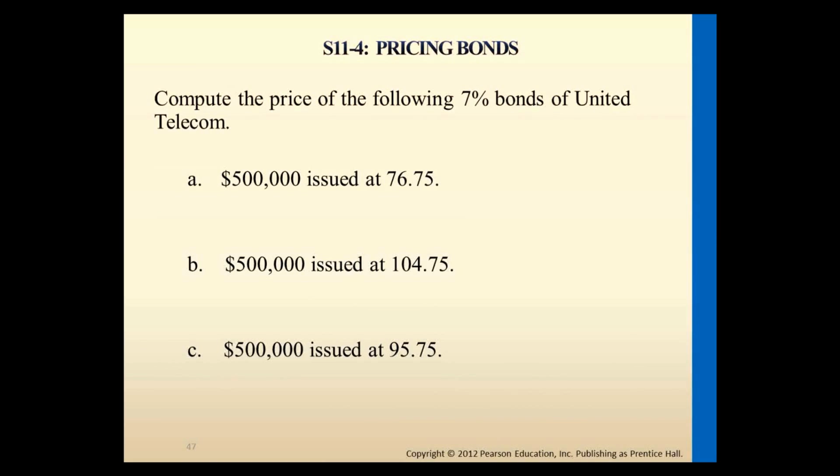Now let's take a look at the price, how we interpret this. So remember, think of this as a percentage of the price. So what is actually the issue price for $500,000 issued at 76.75? So we're trying to calculate the issue price here for ABC.